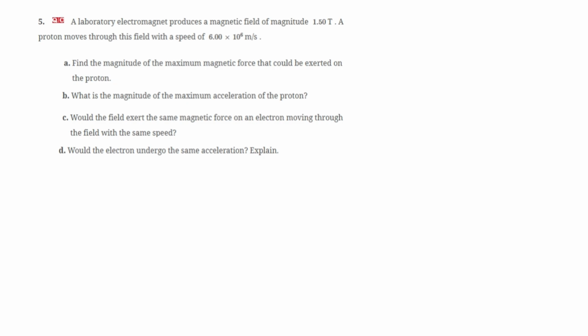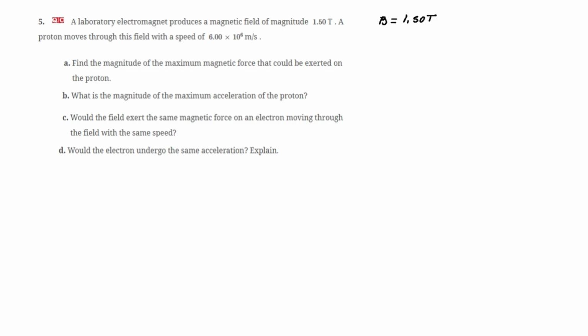So we have a laboratory electromagnet that produces a magnetic field of magnitude 1.15 Teslas. What we know here is the intensity of the field. We don't know the direction. They don't mention the direction.